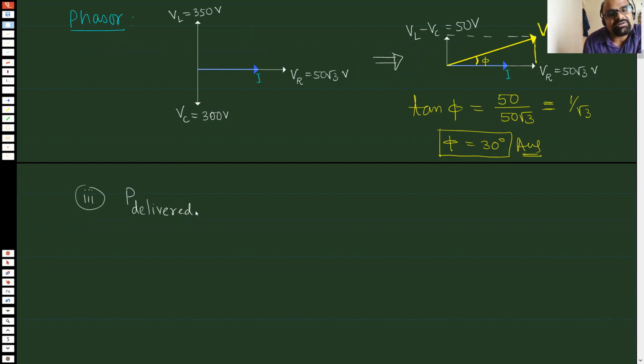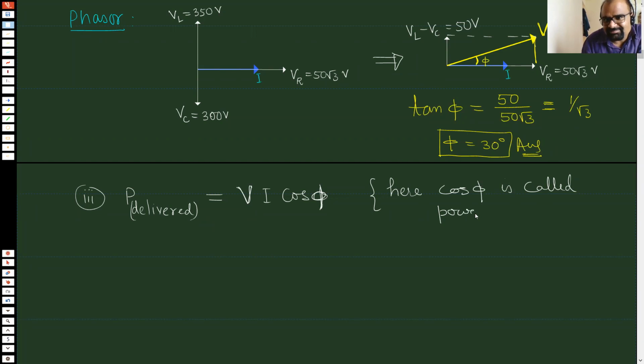Who delivers power? The AC source. Is there a formula for that? Yes, the formula is VI cos phi. In fact, here cos phi is called the power factor.